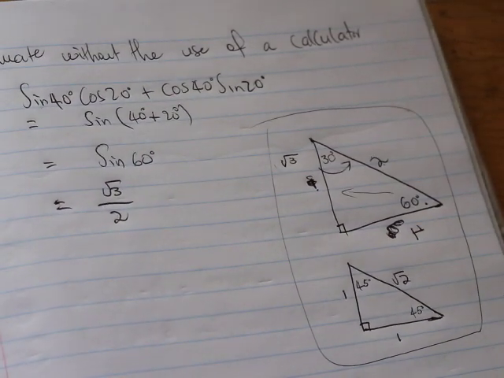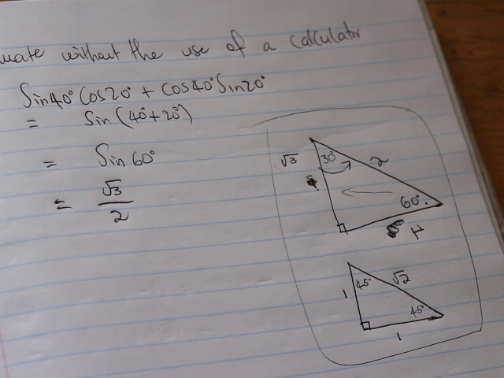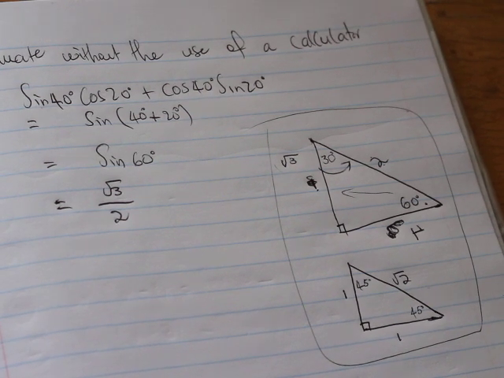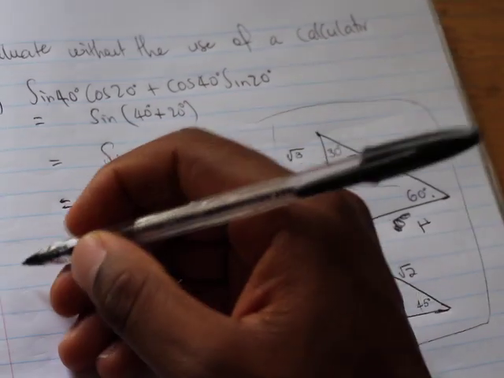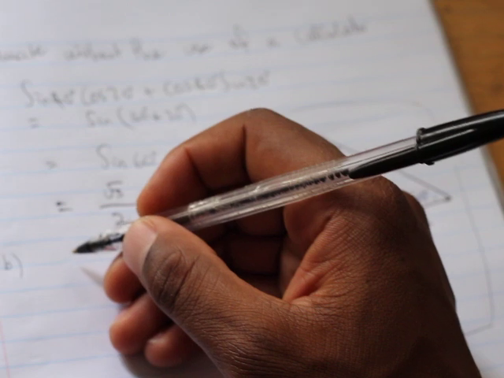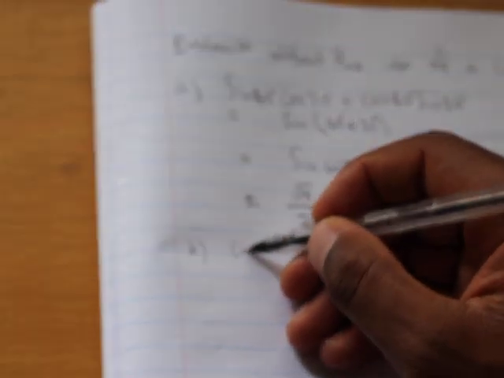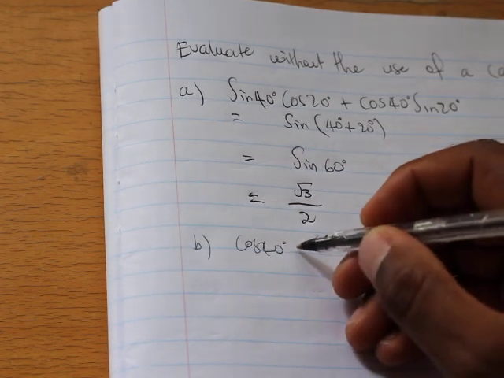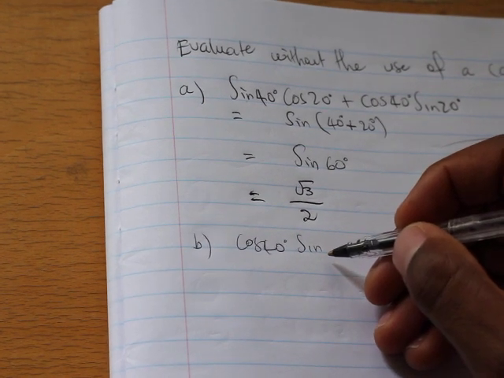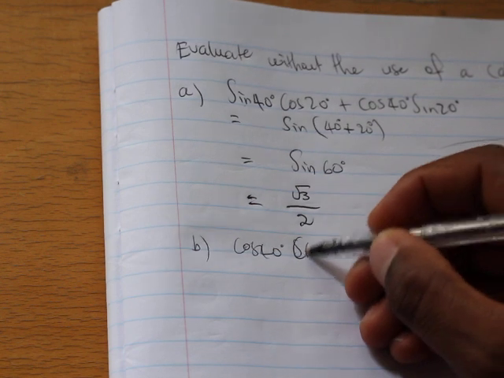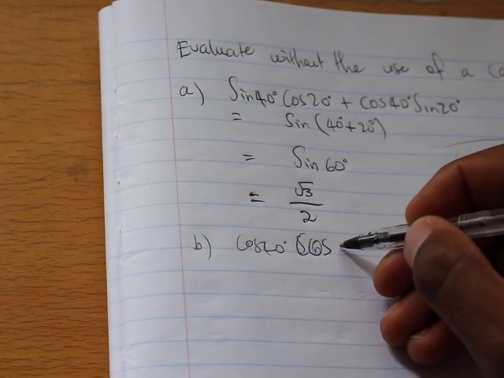So let's look at another problem. The second problem is as follows. We've got cosine of 40 degrees, sine of... no, it's cosine of 20 degrees.